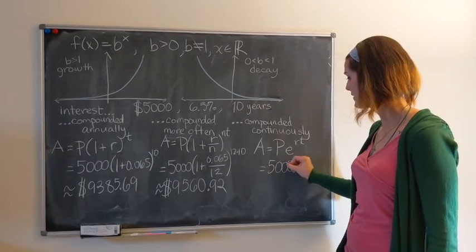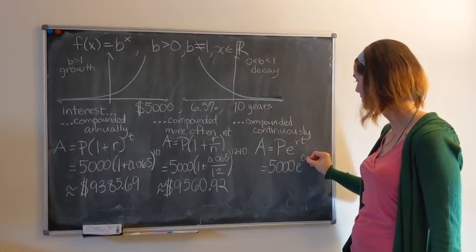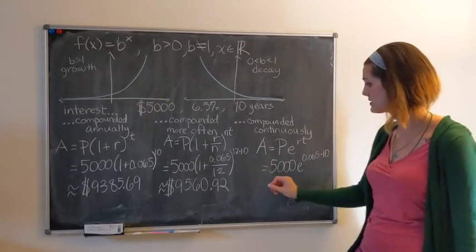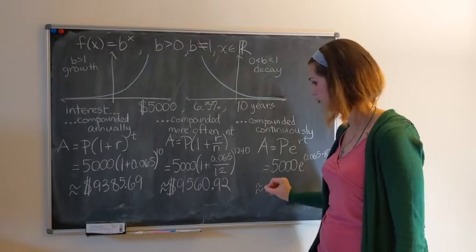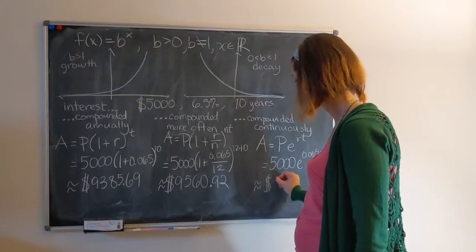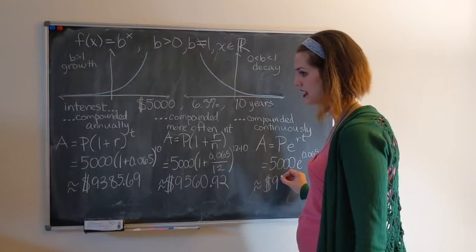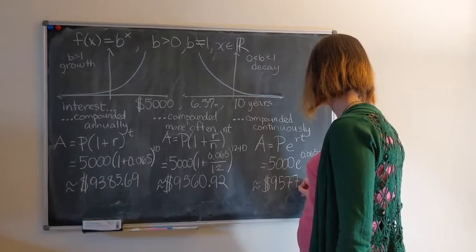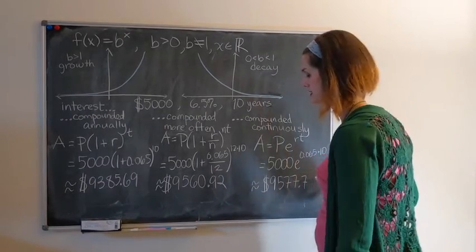If we put in 5,000 for our principal amount, 0.065 for our rate, and 10 for our number of years, we find that we owe, again, a little bit more than we did before, $9,577.70.